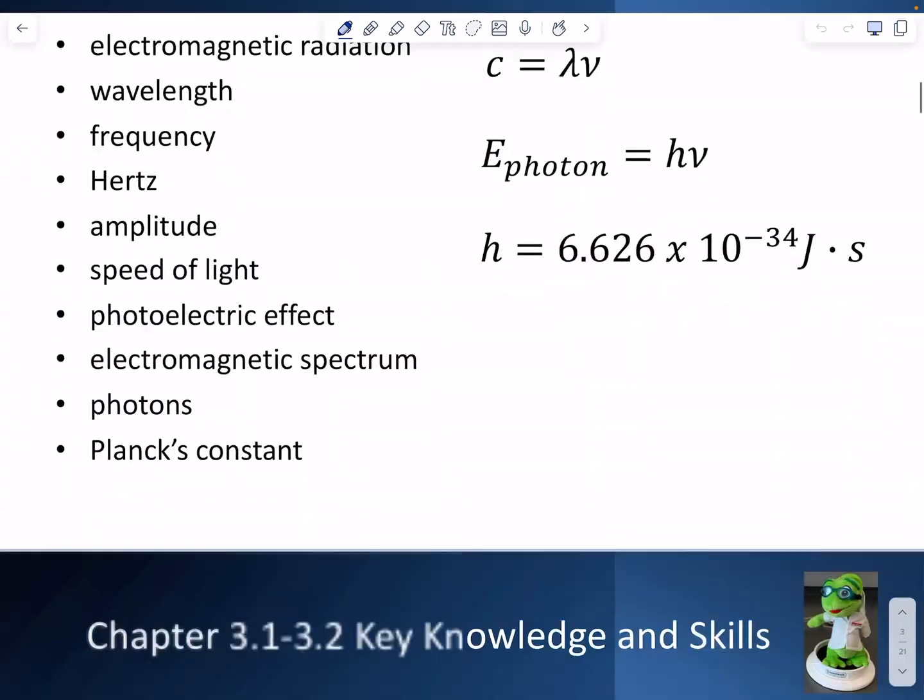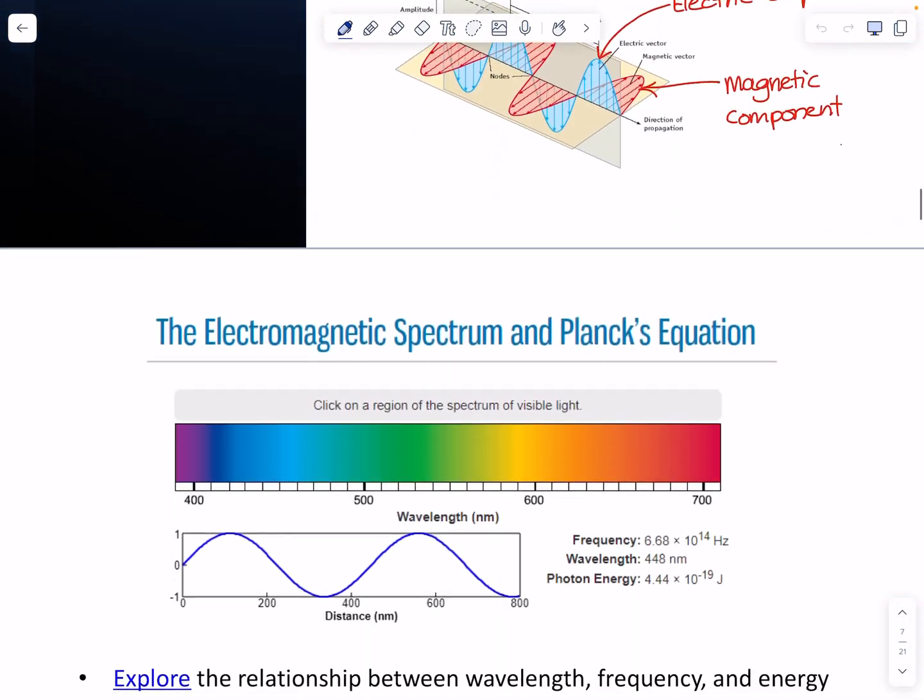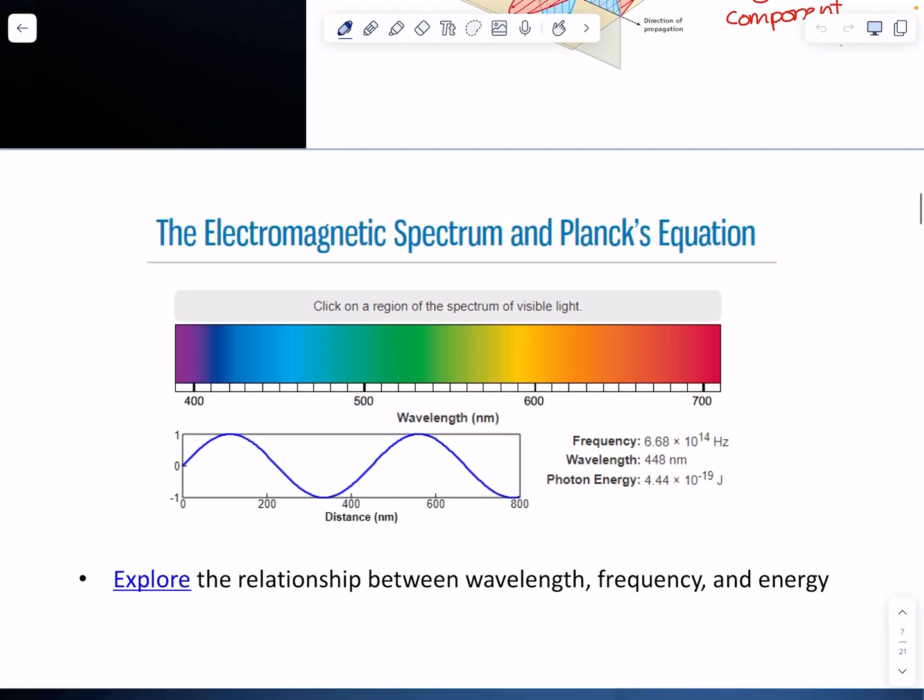All right, so 448 nanometers. I'm going to use my metric prefixes to turn that into scientific notation. Nano is 1 times 10 to the minus 9.